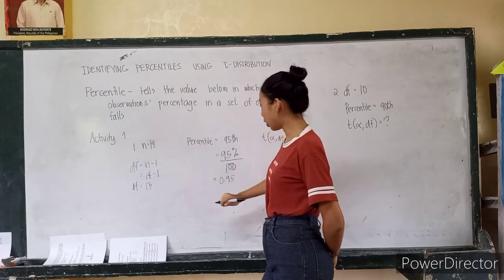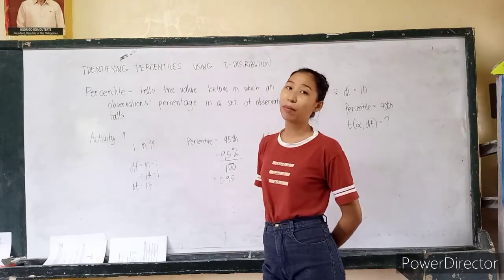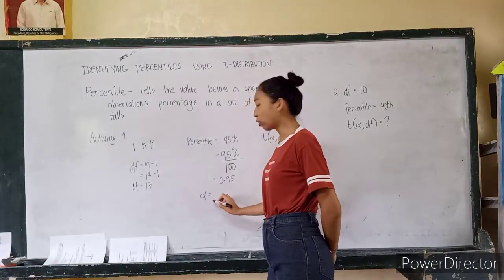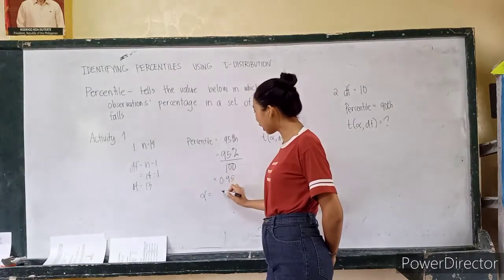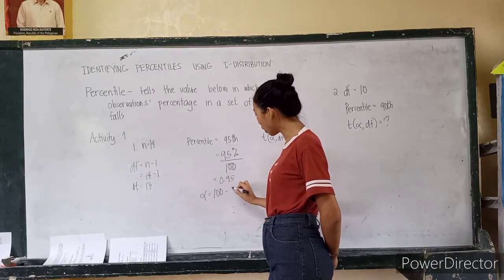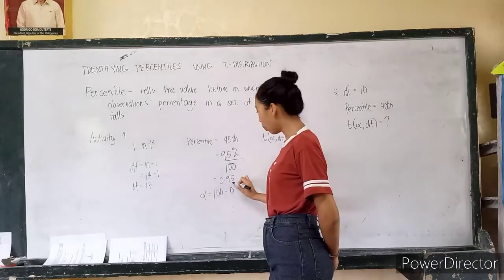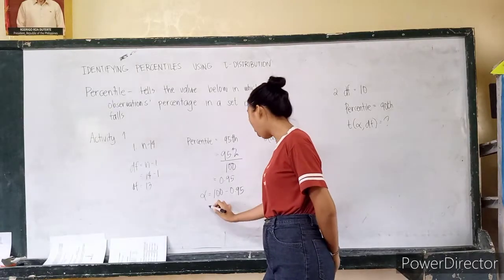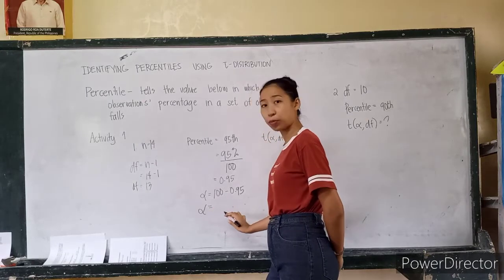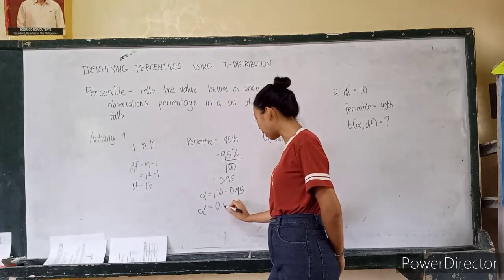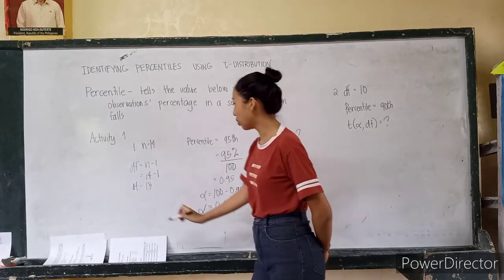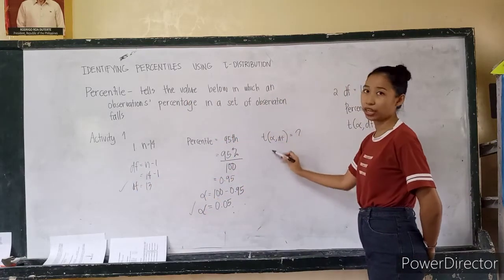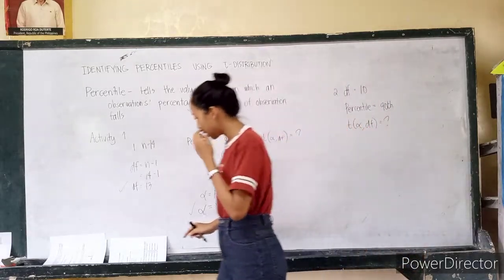Okay? Now the question is, is that already alpha? No. To get alpha, we subtract your percentile, which is 0.95, from 1. So the answer is, our alpha in this problem is 0.05. Now, you have df and you have alpha, therefore we can find our t-value.